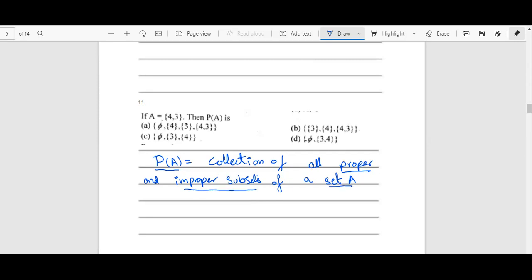Now set A basically has 4 and 3, right? And an improper subset is basically the set itself.